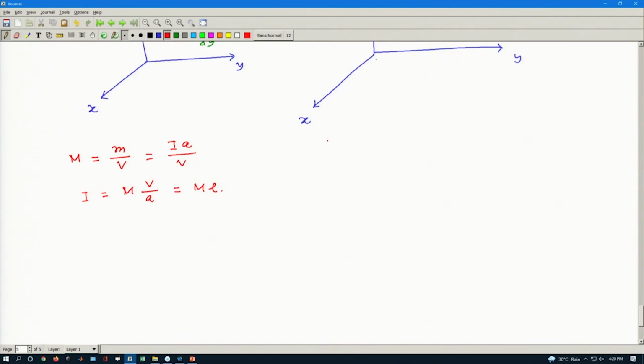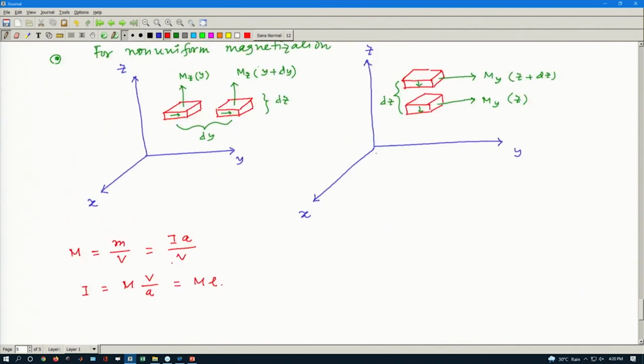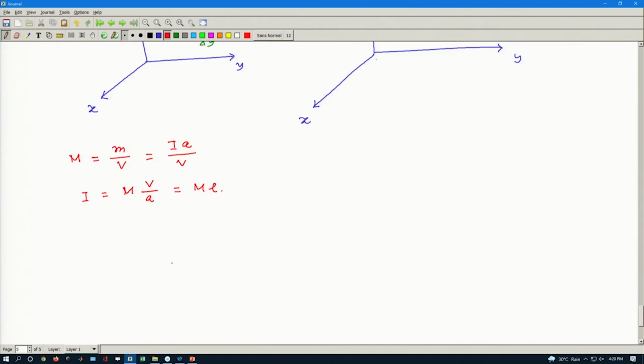So, the Ix, if I calculate the Ix, that is the change of magnetization: mz at y plus dy minus mz at y, times dz.